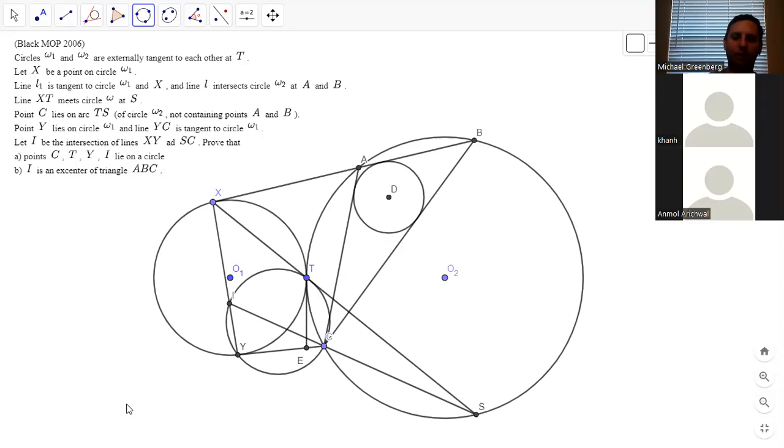I see how it works. That was a good idea, breaking it up like that. So that proves that this is cyclic, and we'll see what we do after that.